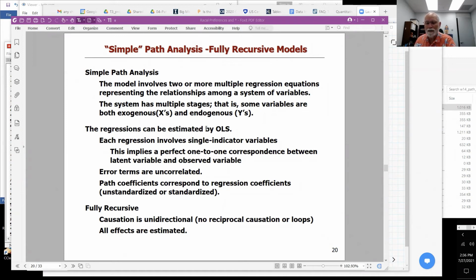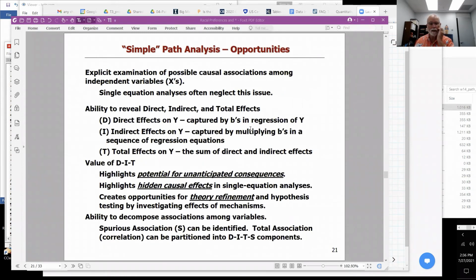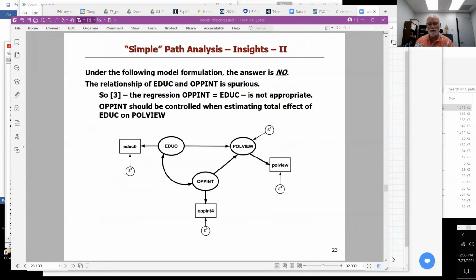So now we're getting into the kind of model that's implicit when you run an OLS regression, except that now we're going to consider the possibility of having two or more regressions in the same analysis. And let's take a look here. Here's a very simple flow graph of a model that corresponds to an OLS regression.